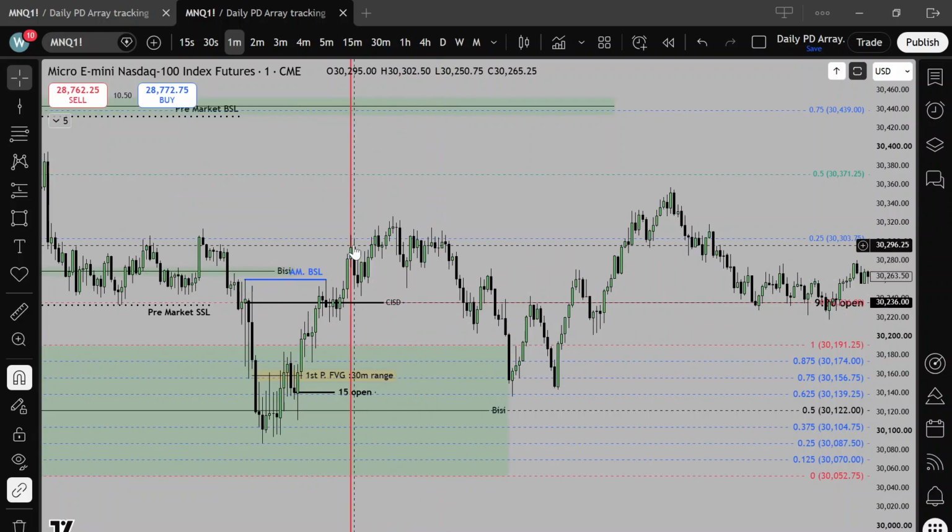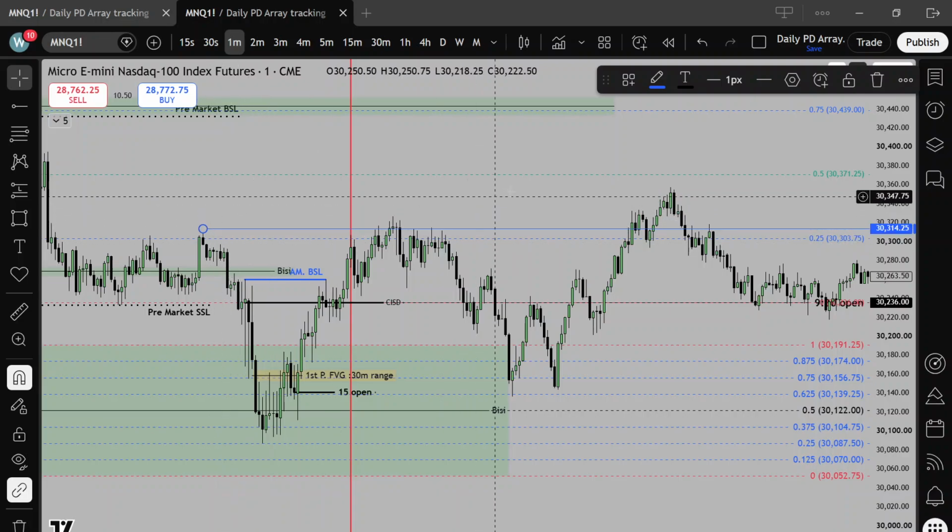at 10 o'clock, you can use this many different ways. You could use this as, are we going to be able to get above these highs here? You could use this as a confirmation on whether you want to hold your trade to try to get to the 25% or 50% of the opening range gap, or just enough to get to this buy side right here.